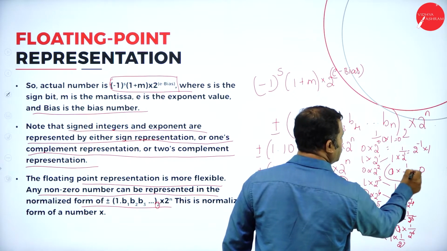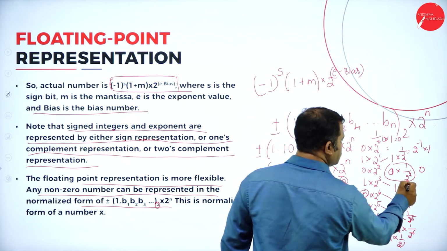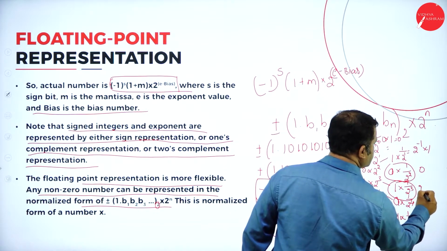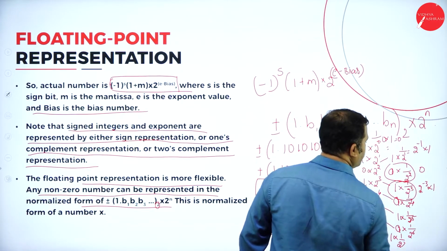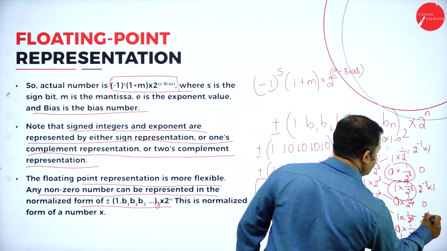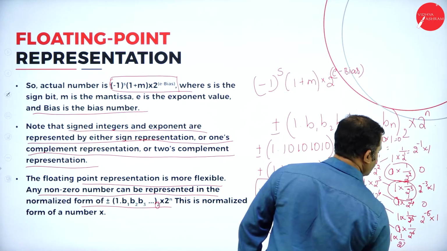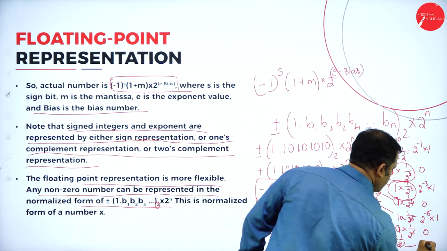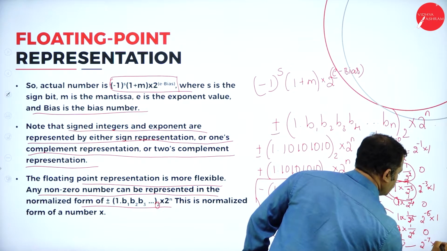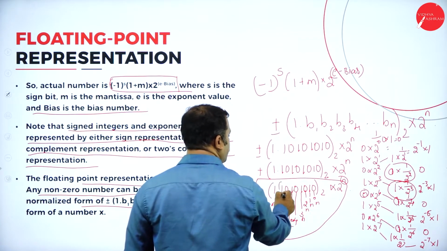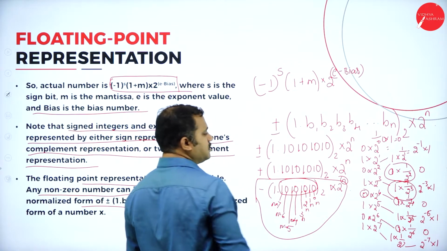This term, 2 raised to the power of minus 3 into 1. This term, 2 raised to the power of minus 5 into 1. This term turns out to be 0, and this term turns out to be 2 to the power of minus 7 into 1. So if I add up all these values, we get this value. That is the fractional part.